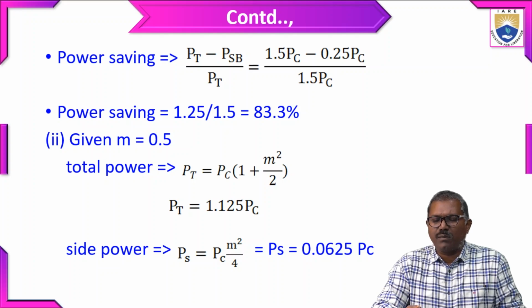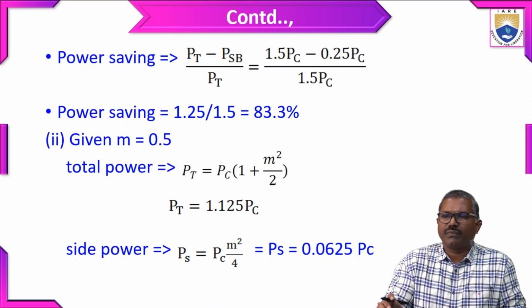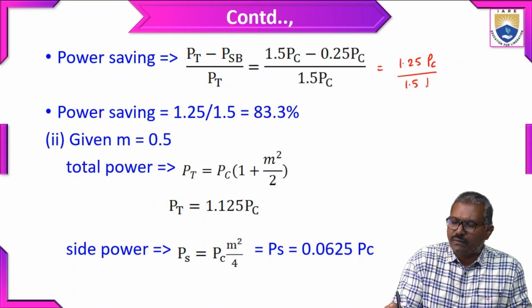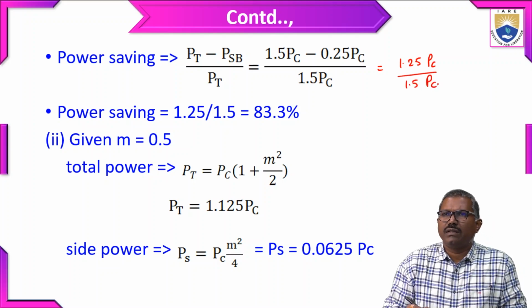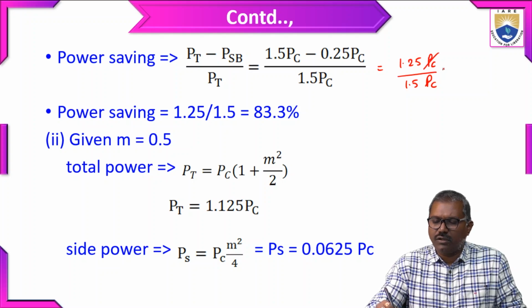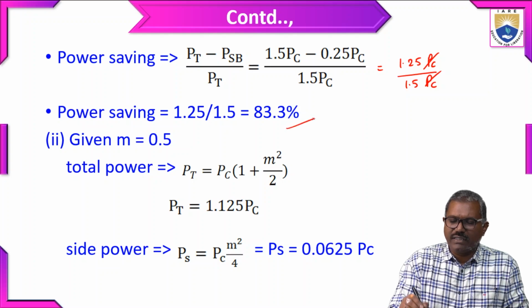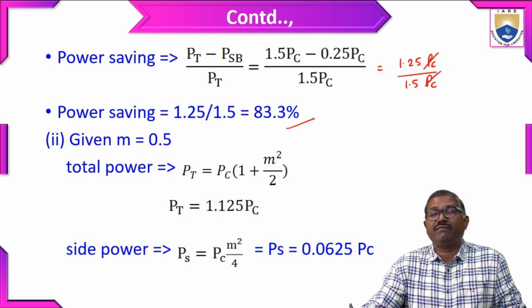Here Pc is common, you can take it outside. So this value is 1.25 Pc divided by 1.5 Pc. This Pc is going to cancel. So we got 83.3% for the first case.